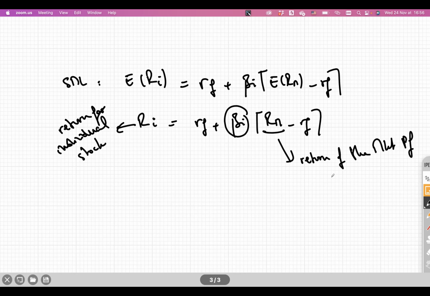In our case, it is the S&P 500. So our variables are RI, which is the dependent variable, and RM, which is the independent variable. RF and beta I are constants, right? So the variables are RI and RM.